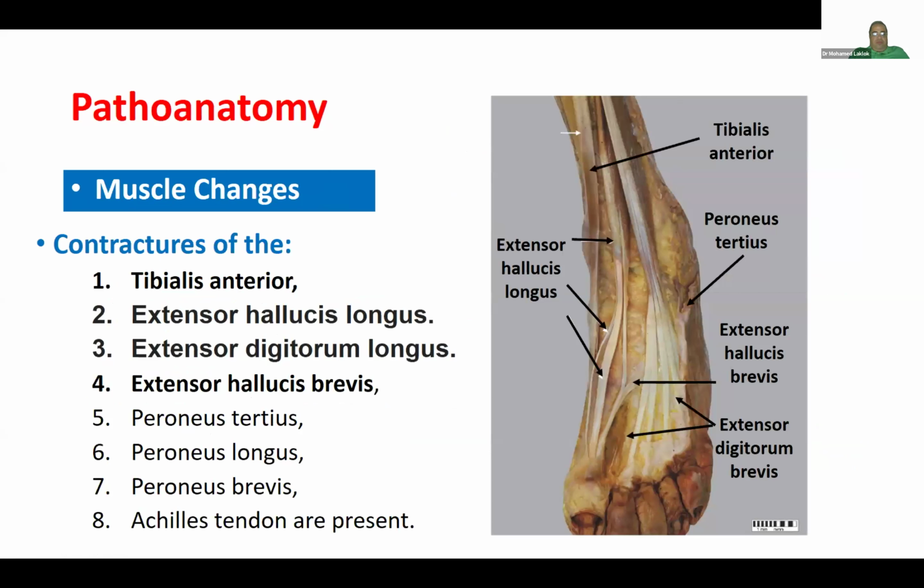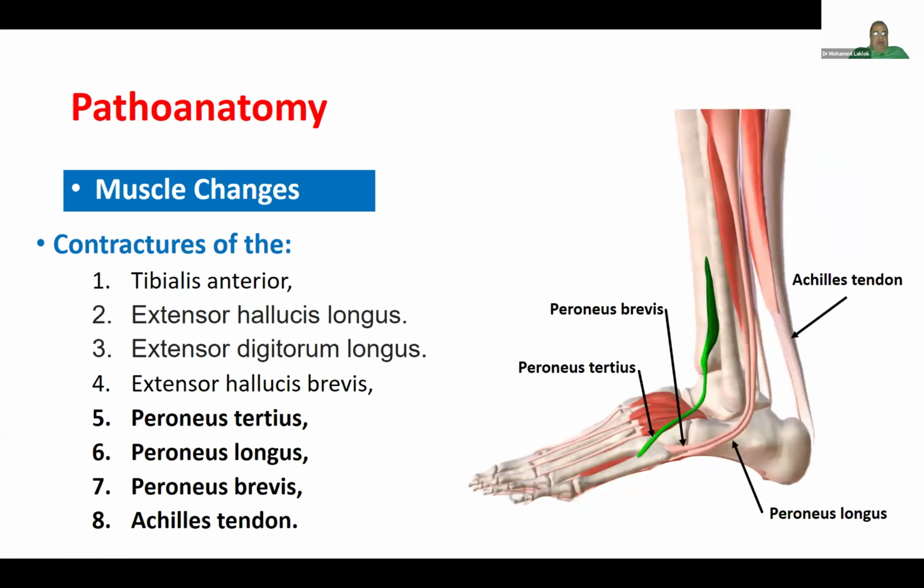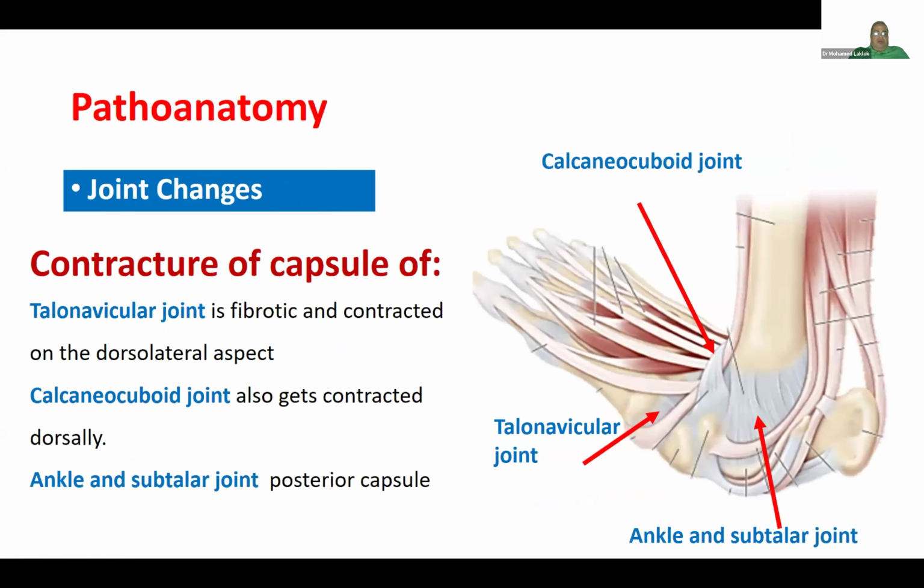Also, in the muscles, there is contracture of the tibialis anterior, extensor hallucis longus, extensor digitorum longus, and extensor hallucis brevis. Also, there is contracture of peroneus tertius, peroneus longus, peroneus brevis, and the Achilles tendon. In the joints, there is contracture of the talonavicular joint, calcaneocuboid joint, and the ankle and subtalar joints.